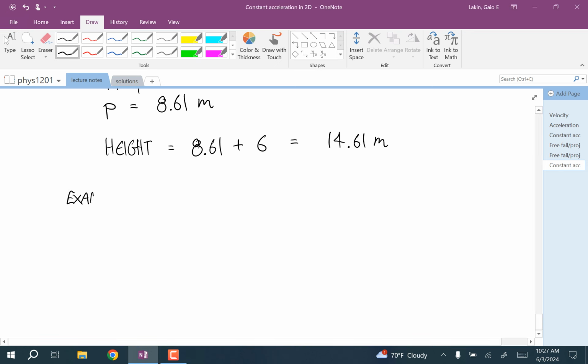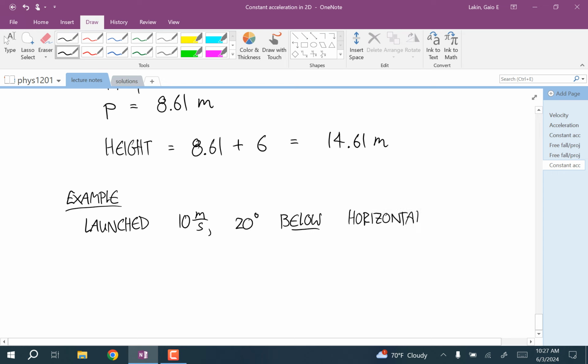For the next example, let's say that we have a ball launched at 10 meters per second, 20 degrees below horizontal, from a height of 5 meters.